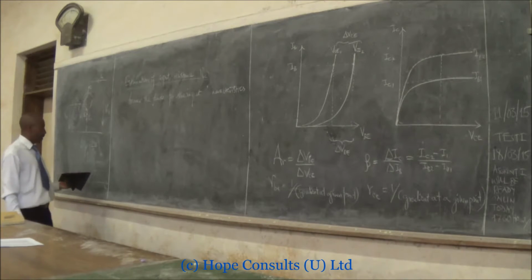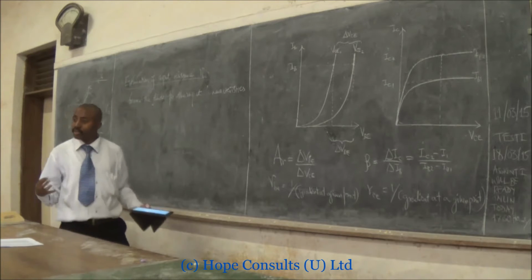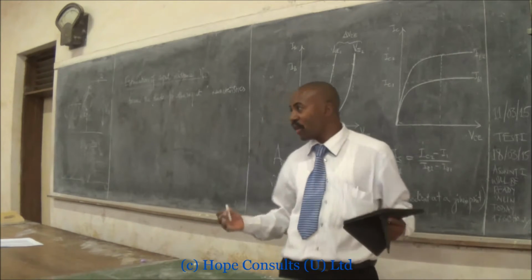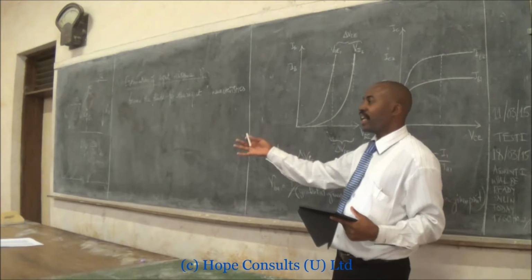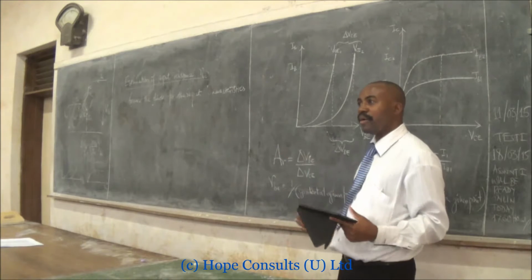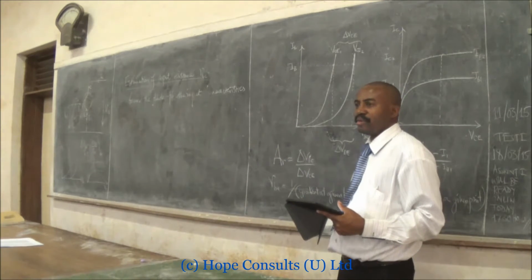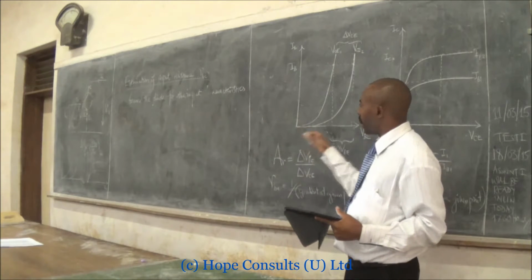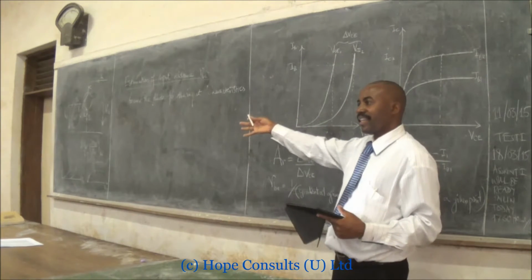Don't think I'm stupid. I always draw these things to show you that you have practice drawing them and understanding how they're done. That's why I draw them here, I draw them there every time, to show you that you should be able to know how these things are drawn. Some of you may think I have enough time to always draw them everywhere.